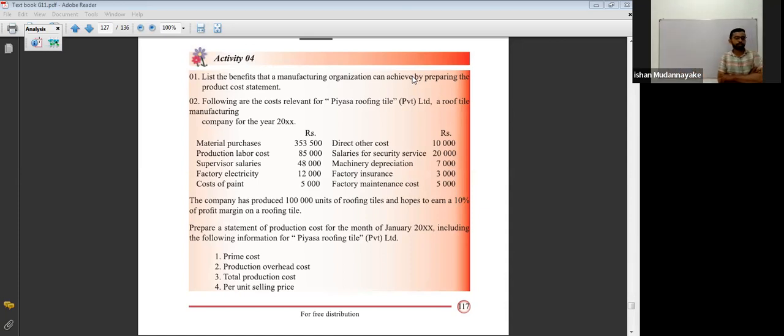To calculate the production cost of a product and to decide the market price.